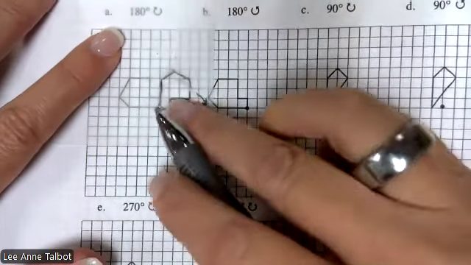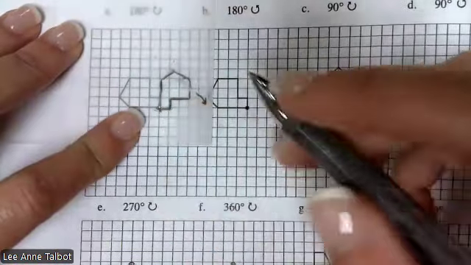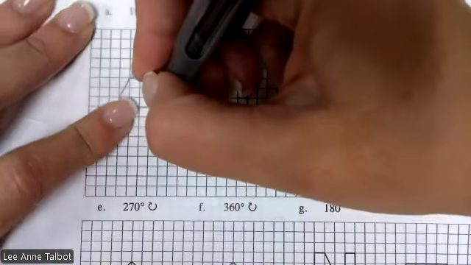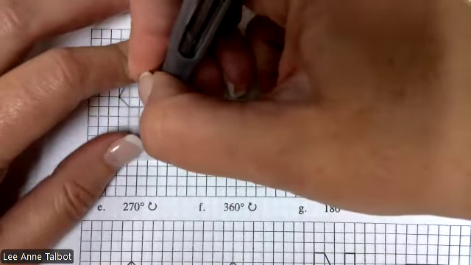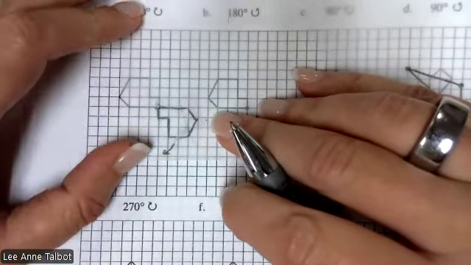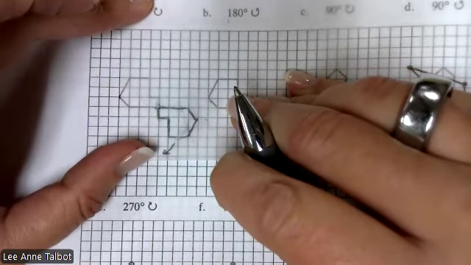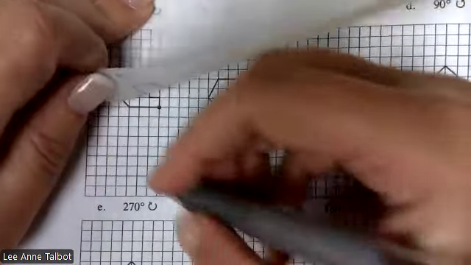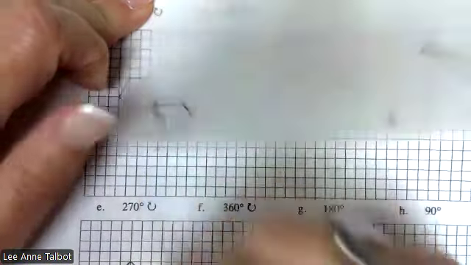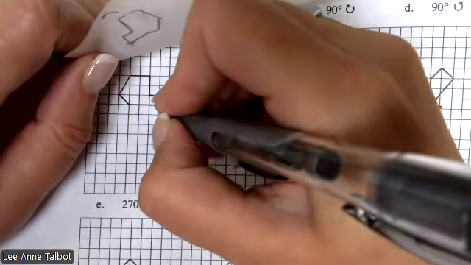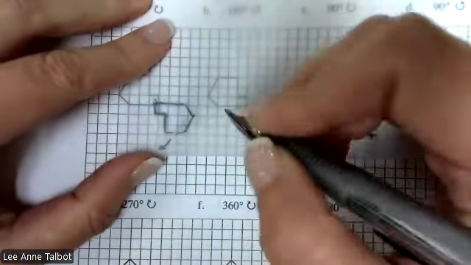So this counts as one turn. This counts as two turns. Okay, and then peel it up and make the shape on the other side.